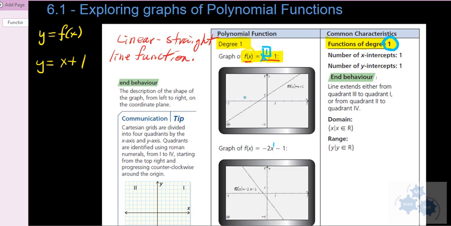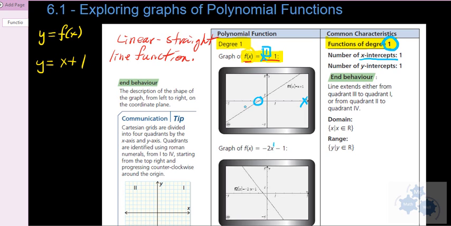Now, intercepts. Hope you remember what intercepts are. An x-intercept is where the graph, or the function, intercepts or crosses over, or touches at least, the x-axis. Here's the x-axis right here, this horizontal axis. So a linear function always has one x-intercept, always, and only one.